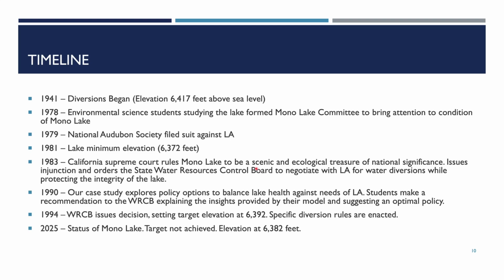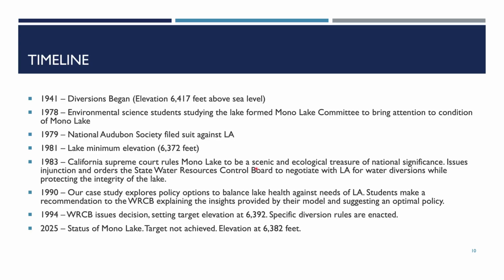The case eventually reached the California Supreme Court, which issued a landmark ruling in 1983. The court held that the public trust doctrine, which requires the state to protect natural resources for public use, does apply to Mono Lake, and that Los Angeles's water rights really have to be reconsidered in light of the ecological harm it was causing.